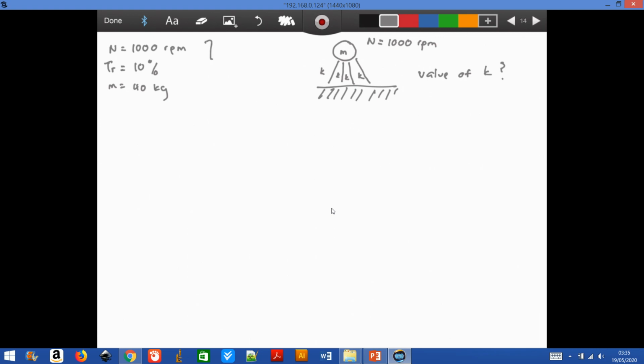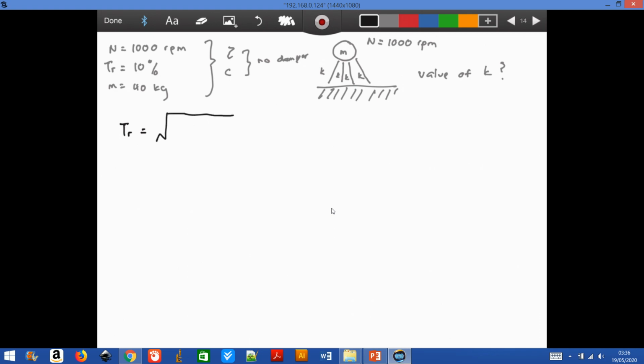If you look here, there is no information about zeta or about C. Therefore, we can assume that there is no damper. Again, it relates to the transmissibility ratio.